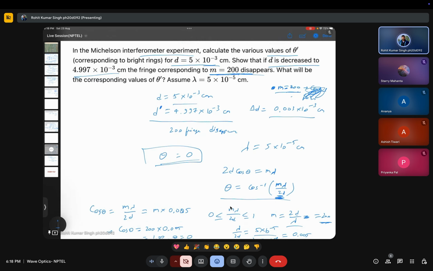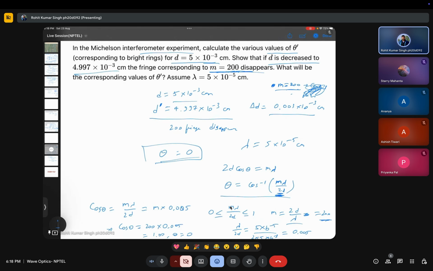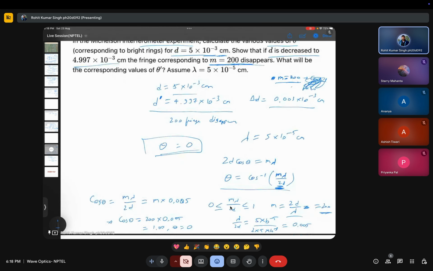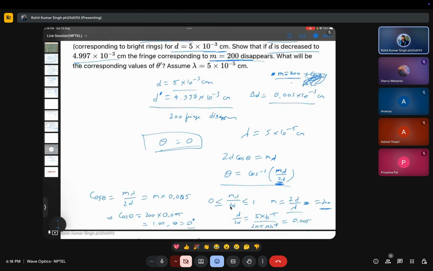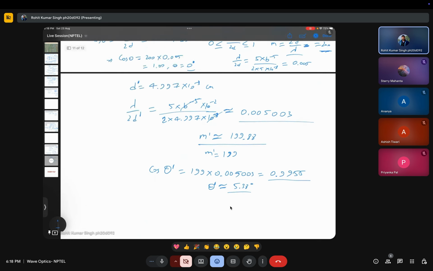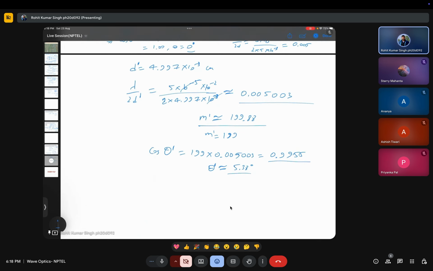Okay, so now what happened here is that when we reduce the distance, earlier our fringe corresponding to order 200 was at 0 degree, but now it is at 5.38 degree.